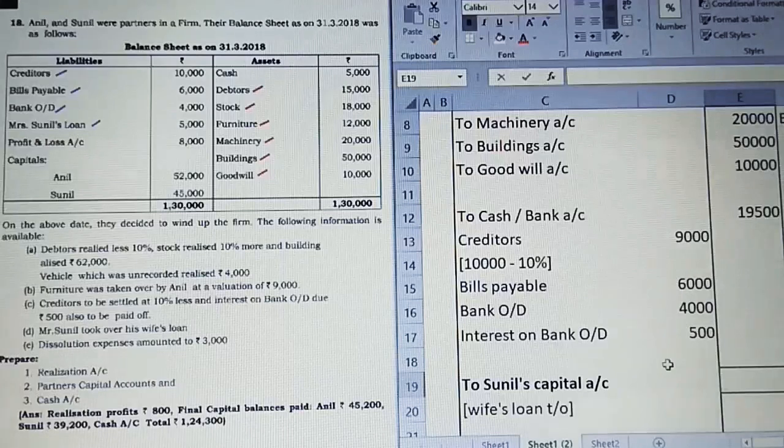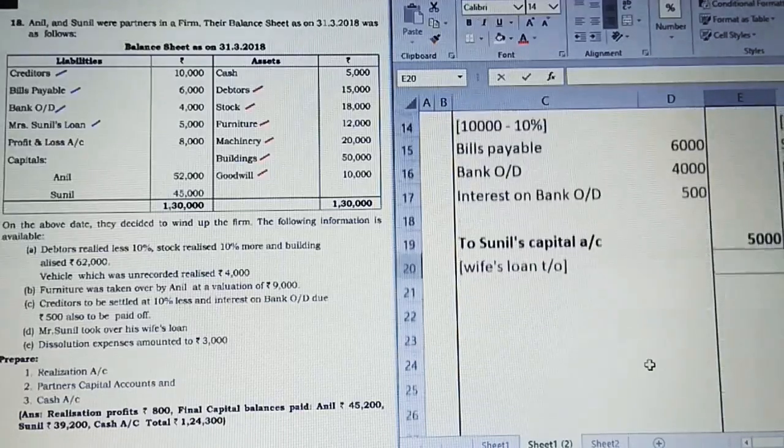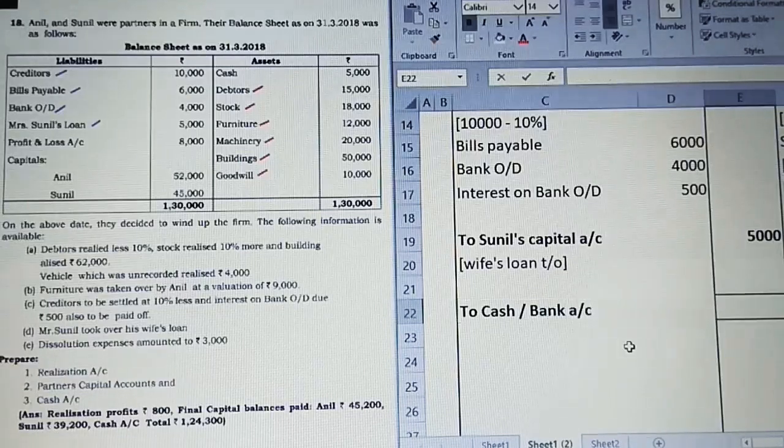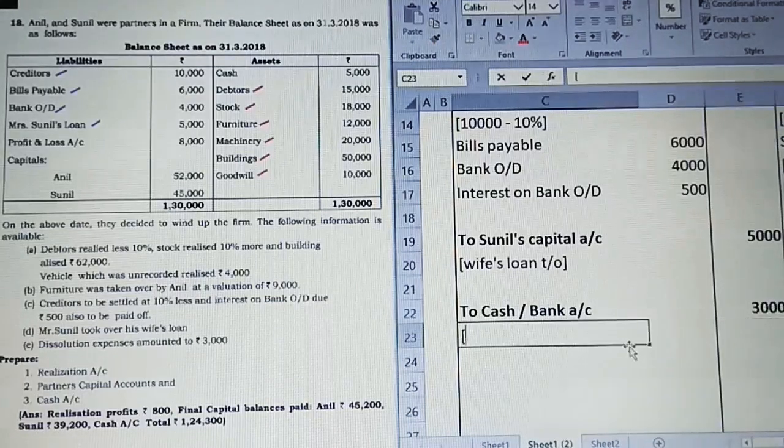So what is the value of that? 5,000. Over, then dissolution expenses amounted. So this is going to be in the form of cash, to cash or bank account. Dissolution expenses is 3,000. So mention expenses paid. Yes, we have done this.